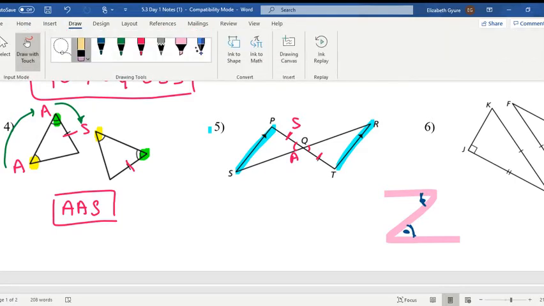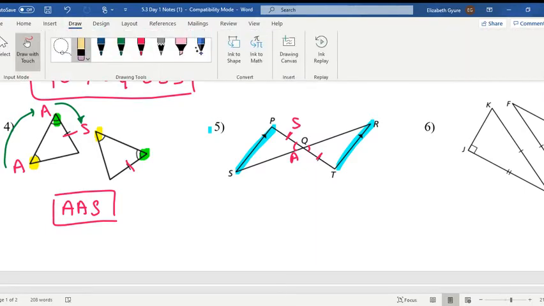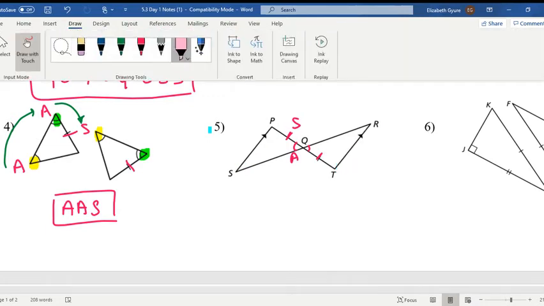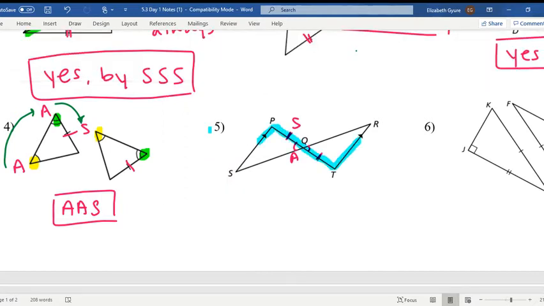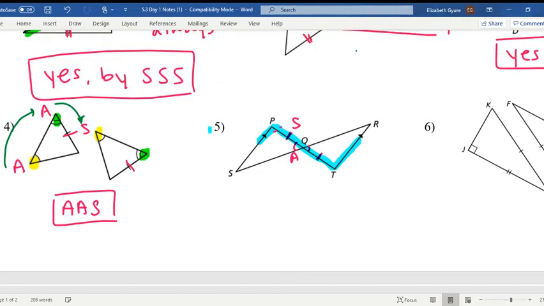So those are the angles that would actually be congruent here.